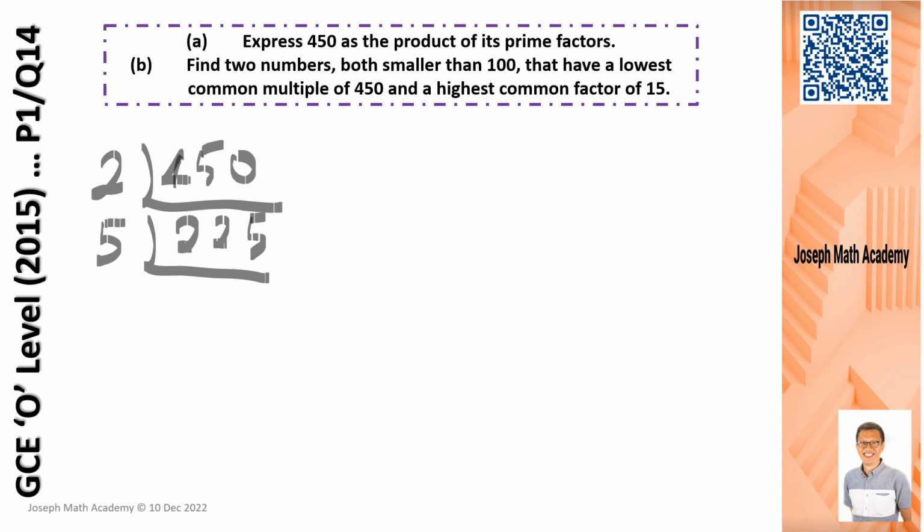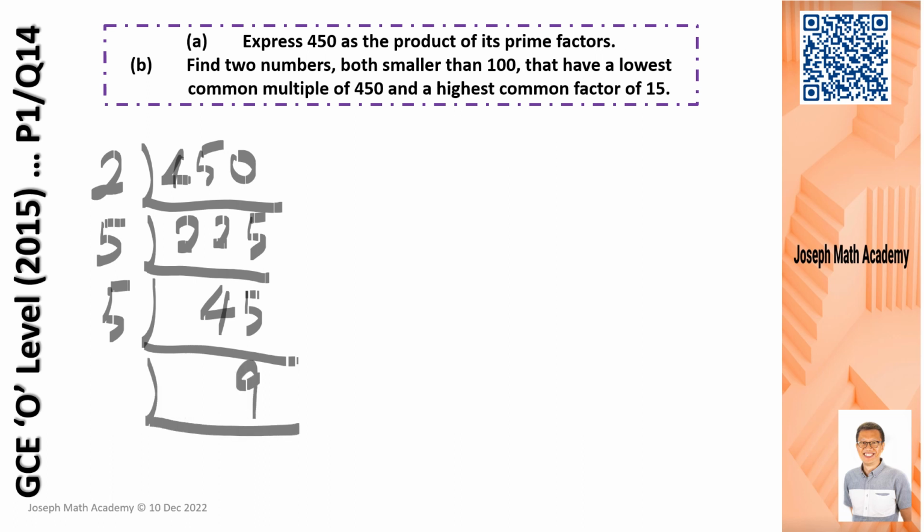No issue. Okay, so 225 divided by 5 will give us 45. Now, you can try a 5 again because the ones digit is 5, so we can try a 5. We'll get a 9. Now, 9 cannot be divided by 5, but we know that there's a prime number 3. So we can go back to 3 again.